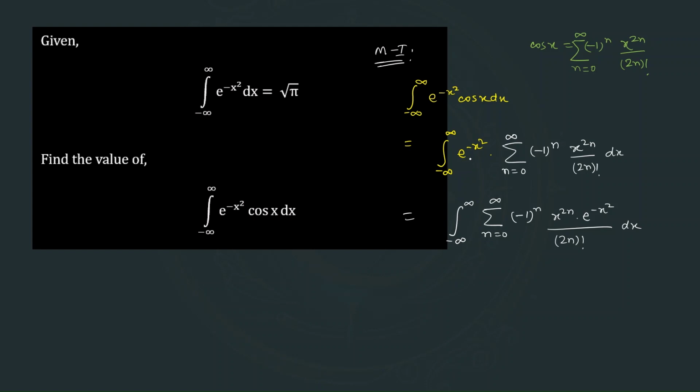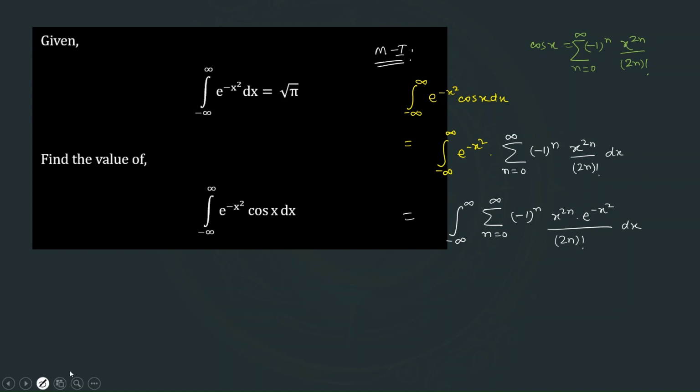Because this e to the power minus x square is independent of this variable n. Now here comes the most interesting part, that we can actually interchange the order of this summation and this integral. Why can we interchange the order of summation and integral? Because if we change the order, then the integral of this will be convergent.